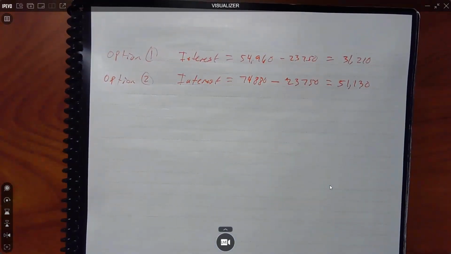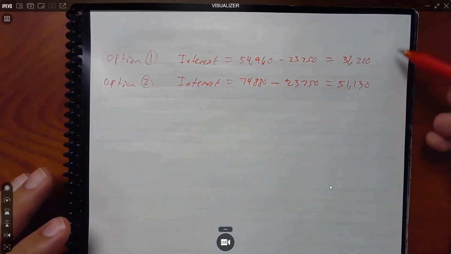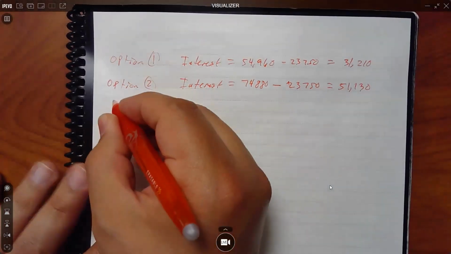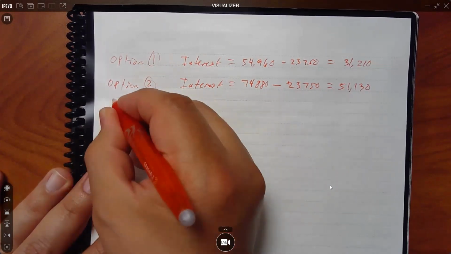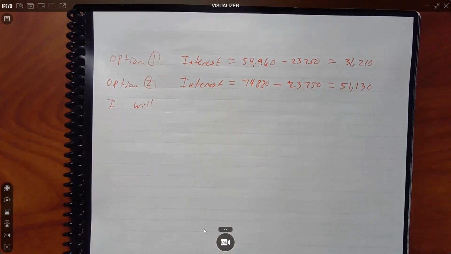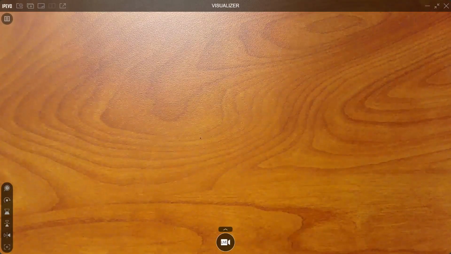All right, so this is the interest we paid. So how much more interest did I pay on that option 2? So I will save, oh, how did the question word it? I forgot. It said, how much is saved?